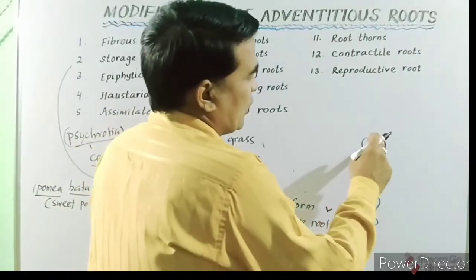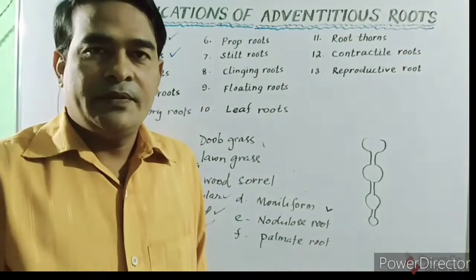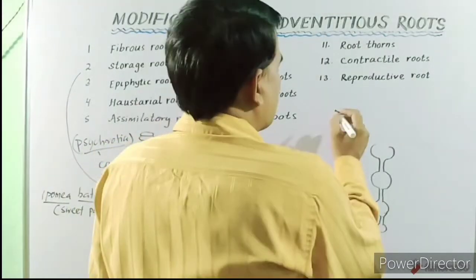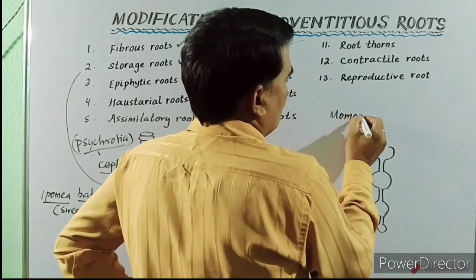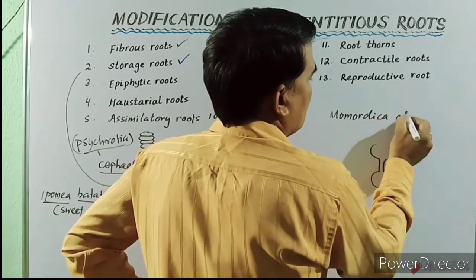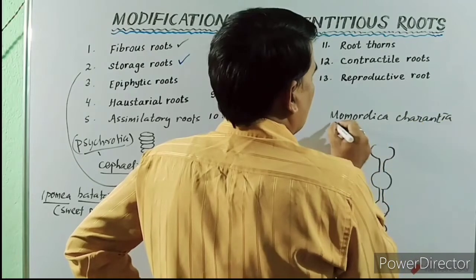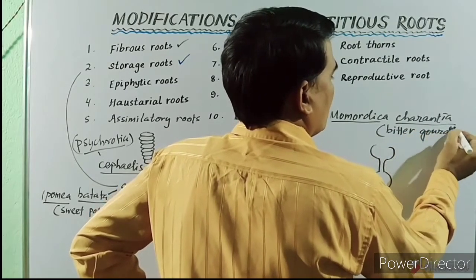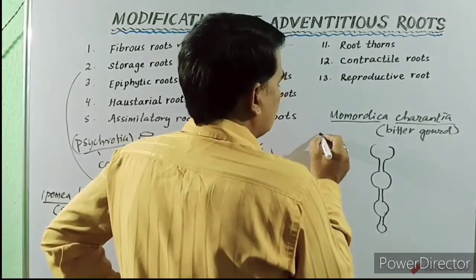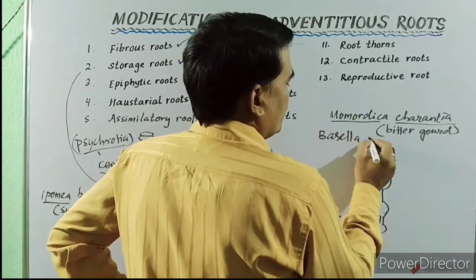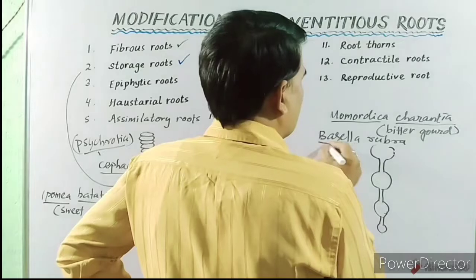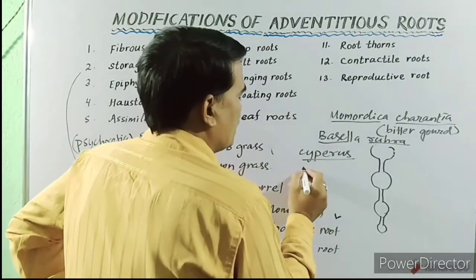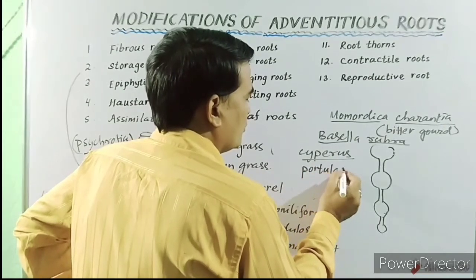This type of root is found in Momordica charantia, bitter gourd, then Basella rubra, etc.